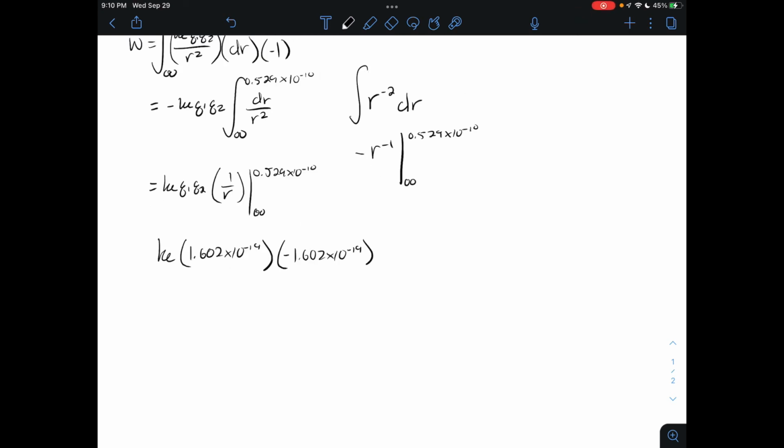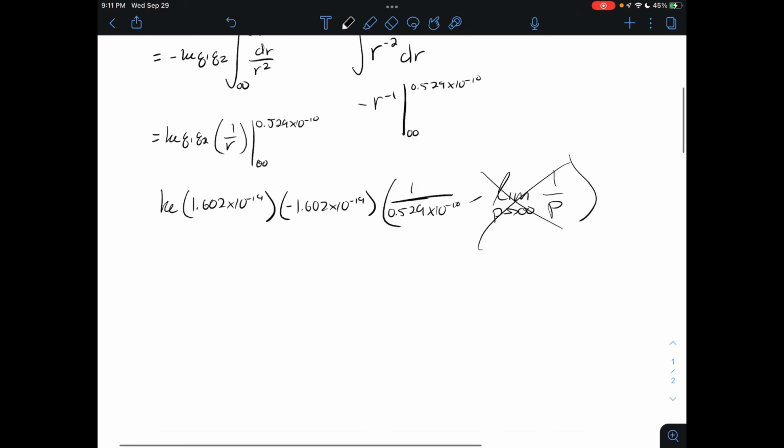And then that whole thing is going to be multiplied by 1 over 0.529 times 10 to the negative 10th, minus, and again, we have to take the limit because infinity is not a real number. Doesn't matter what the variable is, just taking the limit of it. Really, that's just to say that 1 over a really big number is going to go to 0. So that's just going to go away.